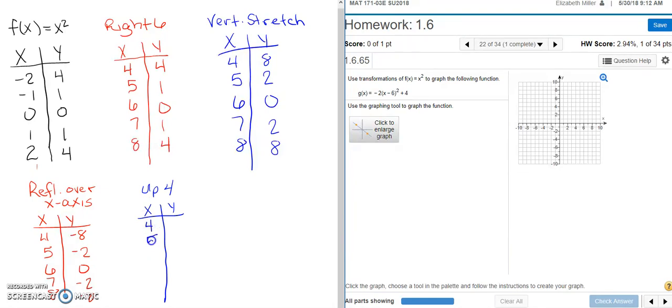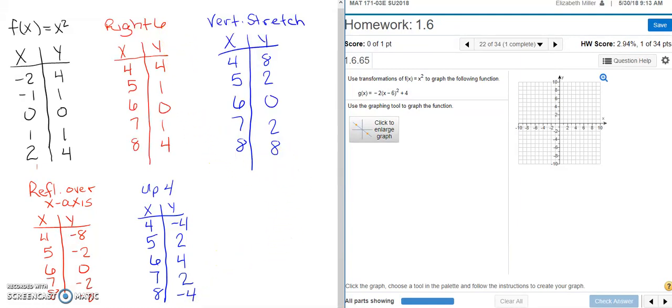My x values, again, are not changing. My y value is going up 4. Make sure I do this correctly.